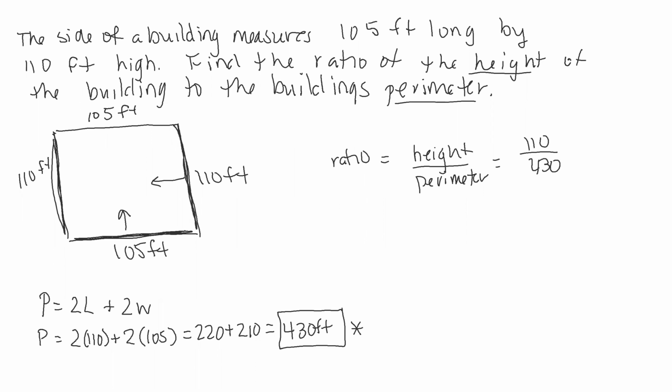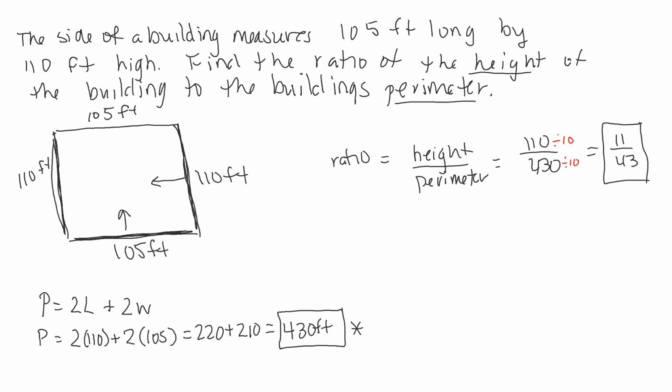And now we want to simplify this. So 110 and 430, they both end in 0. So that means they're at least divisible by 10. So I would get 11 over 43. 11 and 43, that's as simple as it's going to get. So basically, for every 11 feet in height, there are 43 feet in the perimeter. All right, and that's it.